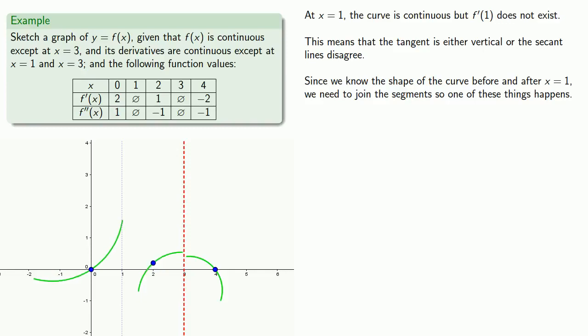And possibly if we join them together like this, we can make that tangent line vertical. And we can join the other segments, keeping in mind that x equals 3 is a line we cannot cross. So we'll join the sections of our curve together to produce a graph that looks something like this.